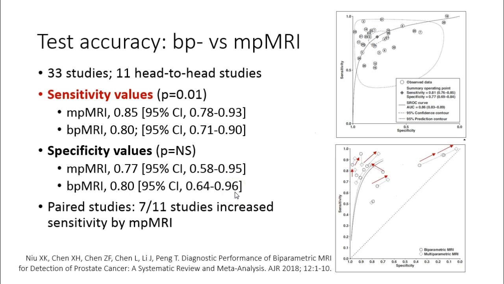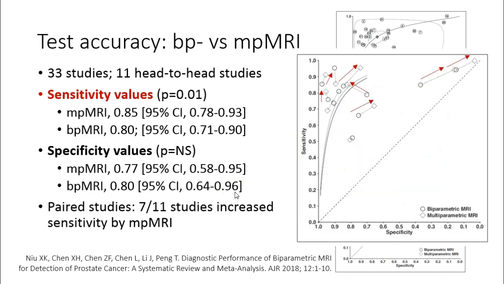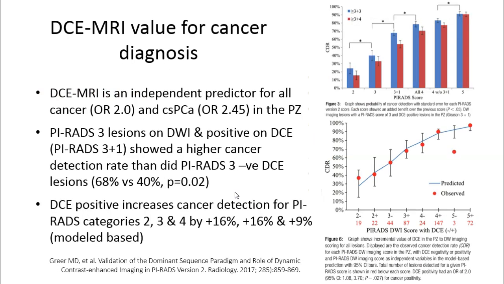So if you look at this paper and look at the paired studies where biparametric MRI was compared to multiparametric MRI in the same patients, what you notice is that the arrows either move to the right or upwards in 7 out of 11 cases. So what we can see from this is that in the paired studies there is an increase in sensitivity for multiparametric MRI. Now clearly this is a small effect, but it does occur and it is detectable.